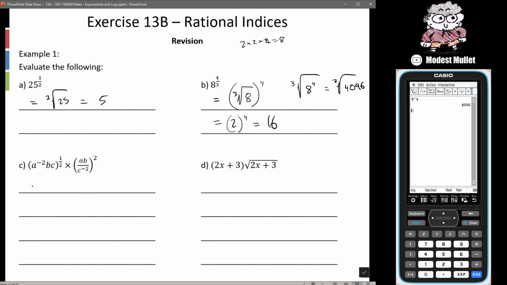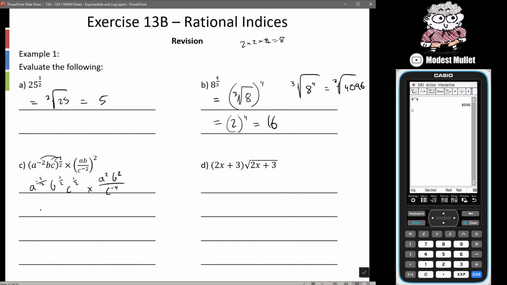I've gone a little bit over the 20 minutes, I apologise, but these are the last two examples. So we now get, let's bring this in to everything. So we get a to the -2 on 2. I'm just bringing in the power of half to everything. C to the half times by a squared b squared on c to the -4.